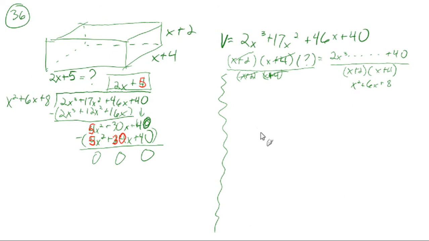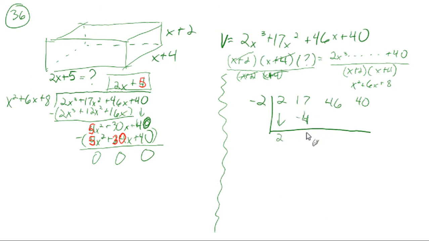Okay. So maybe you don't like that. Maybe you like synthetic division, which we can use. We could start by just dividing by x plus 2. So we'll do 2, 17, 46, and 40. And we'll divide by x plus 2, like I said. Put negative 2 there. Bring down the 2. Negative 2 times 2 is negative 4.